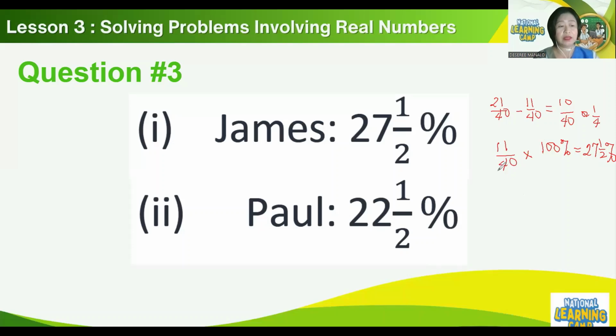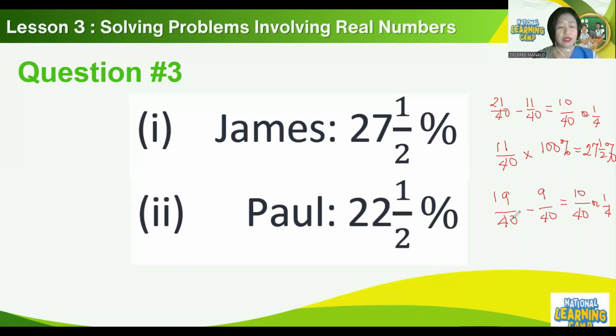Why 22 and 1/2%? Paul needs to sell 9/40 of share to retain 25% or 1/4 share. So since 19/40 minus 9/40 equals 10/40, or we have 1/4.